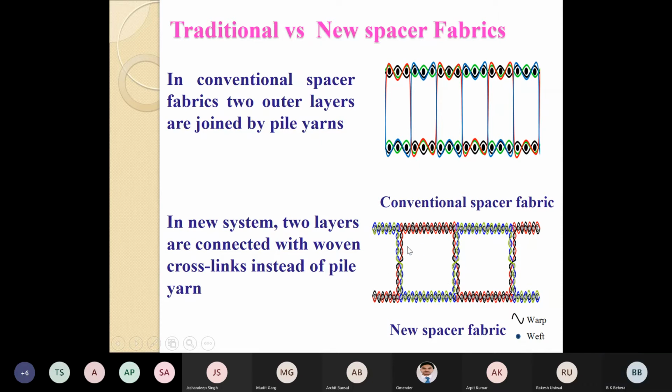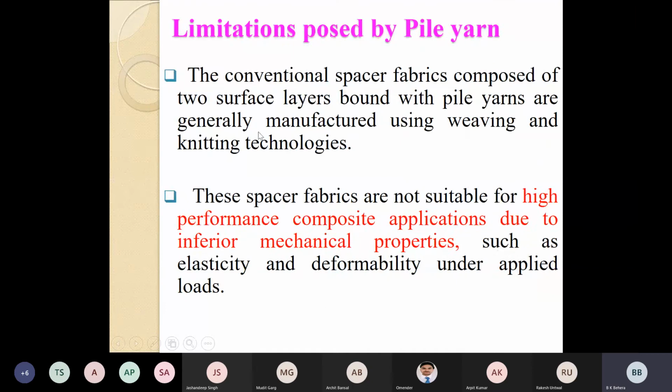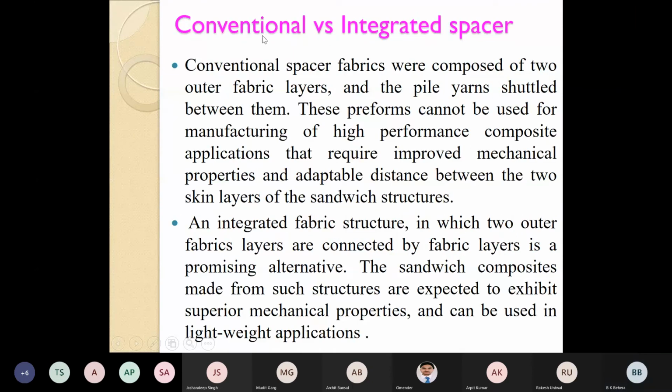So these technologies are now available, how to produce spacer fabric with spacer fabric wall instead of spacer yarn wall. That is what I wanted to tell you here.